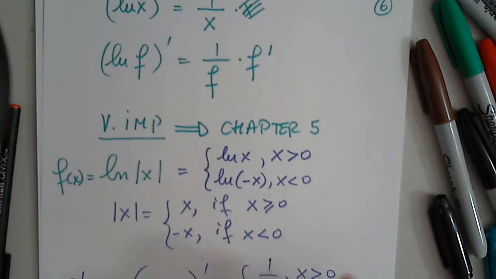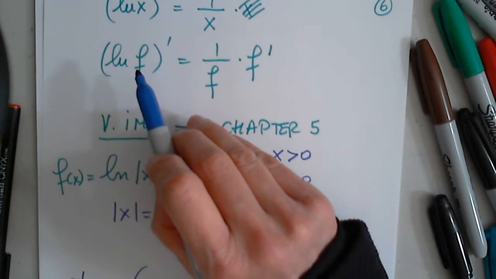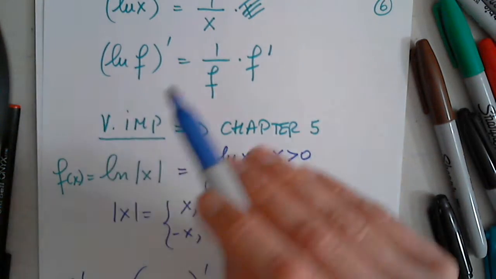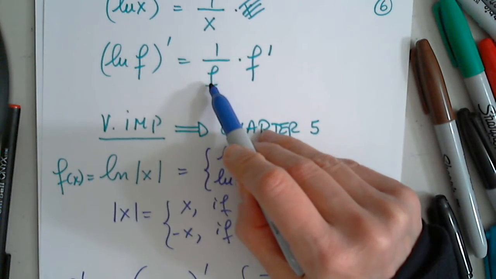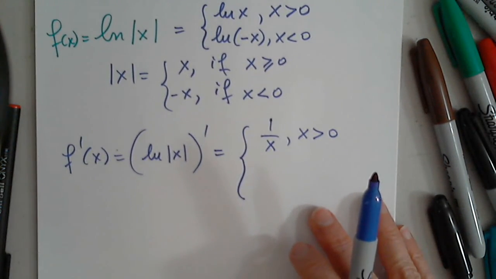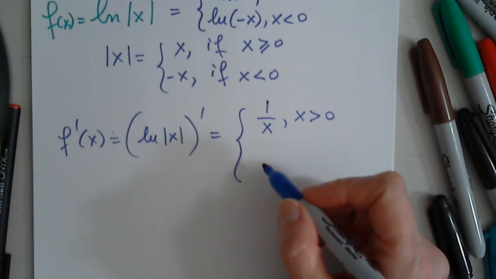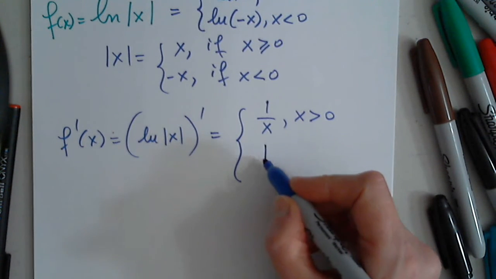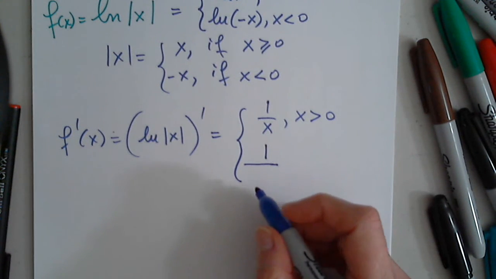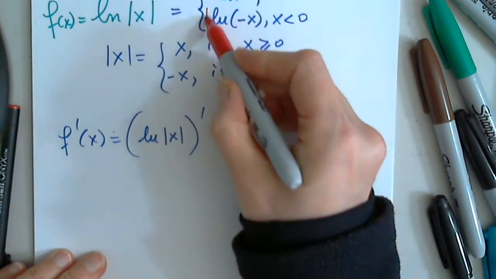Okay. So if we have anything else but x, negative x is a function now. I have to have 1 over the function times the function prime. Is it going to be 1 over f of x? Just to make sure we are looking here.